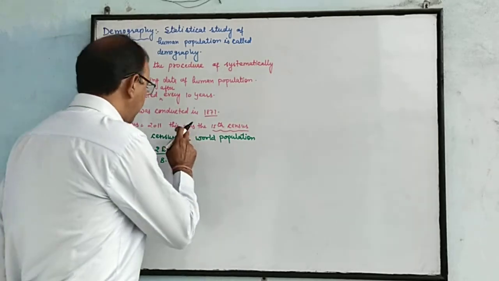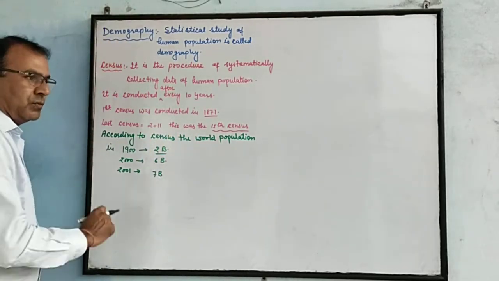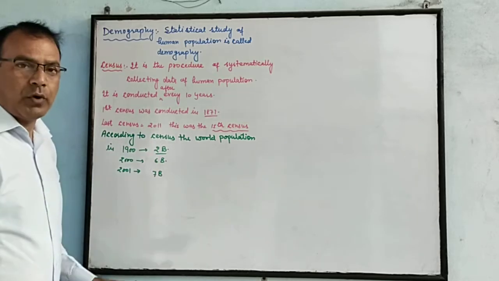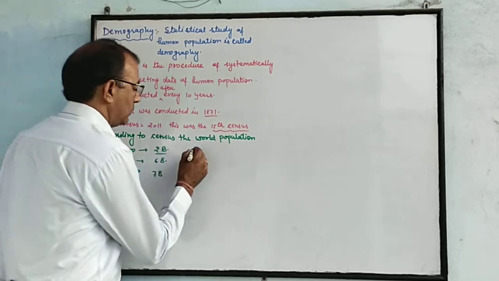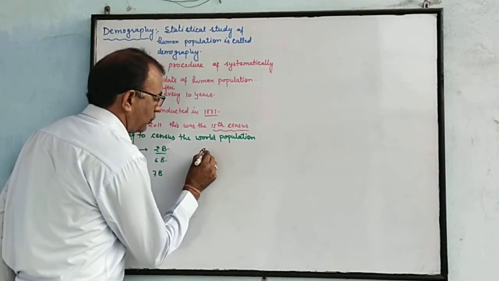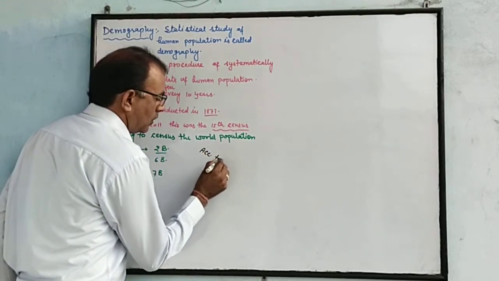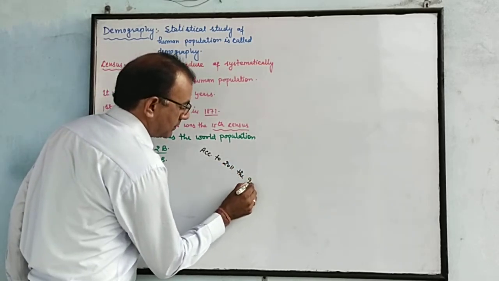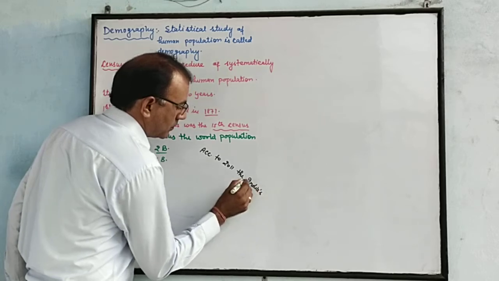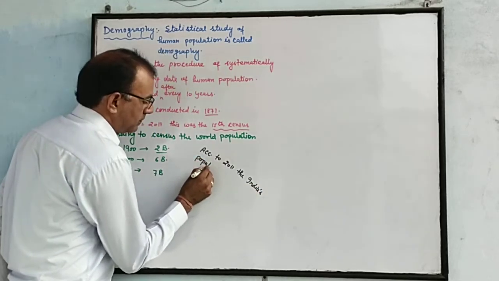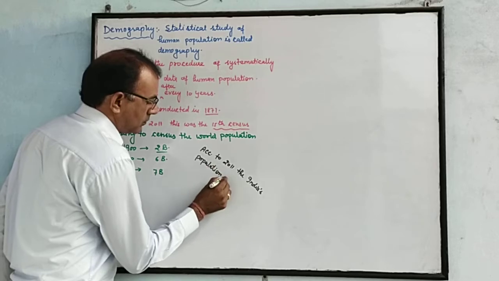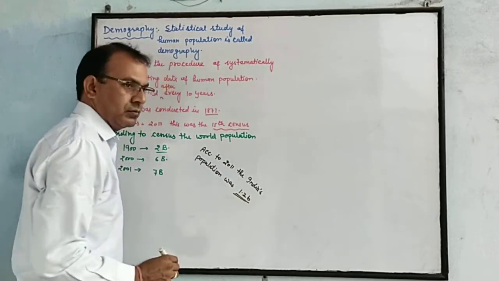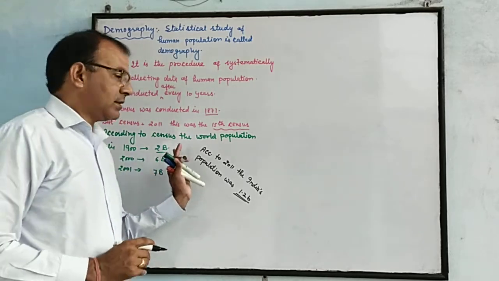And according to the 2011 census, India's population was 1.2 billion. Clear? This is the census.